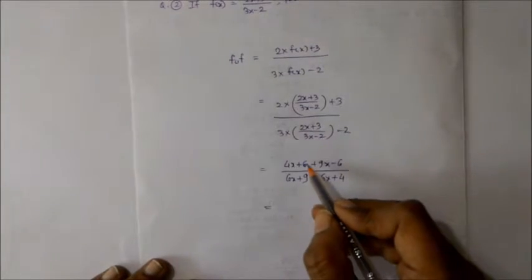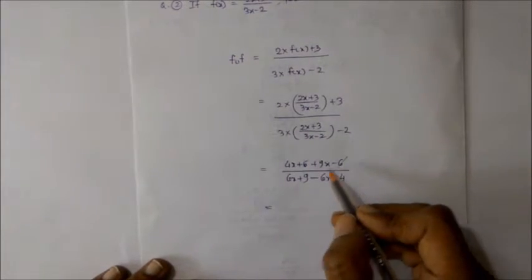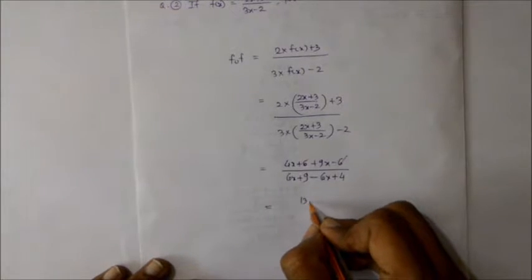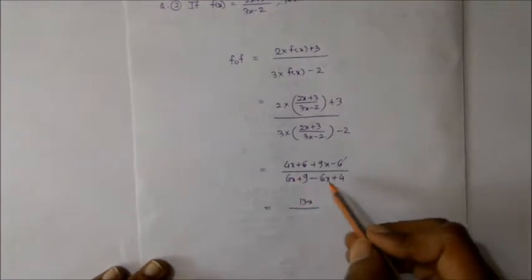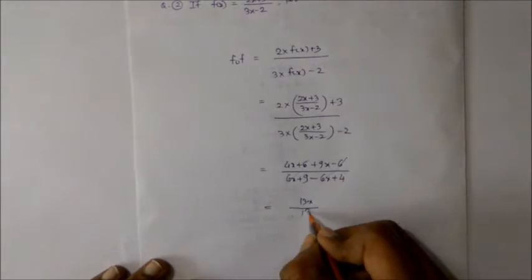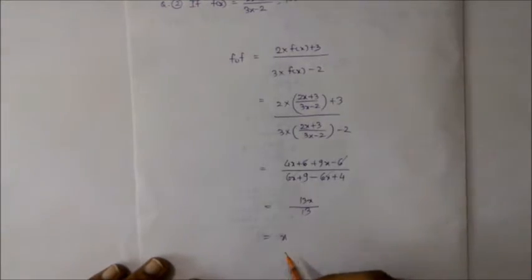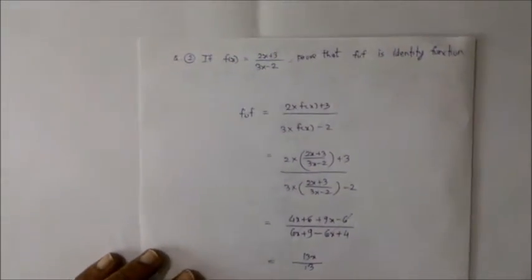So now I am left with this 6 and this minus 6 will go. In the numerator I will have 13x, and in the denominator I have plus 6x and minus 6x will go, I have 13. So this has again reduced to x.